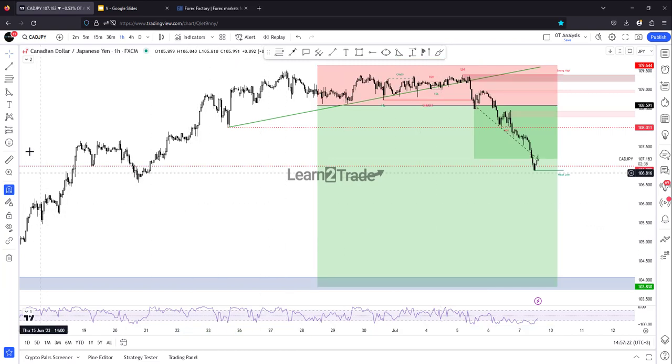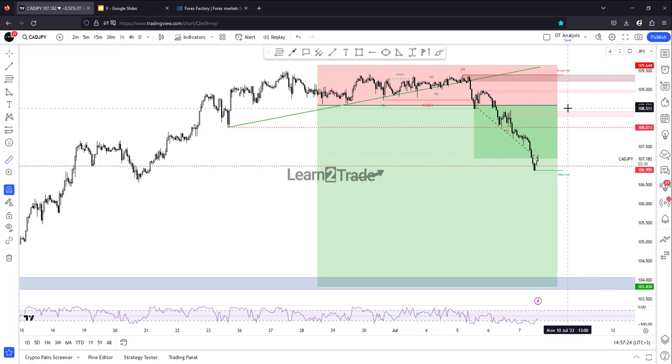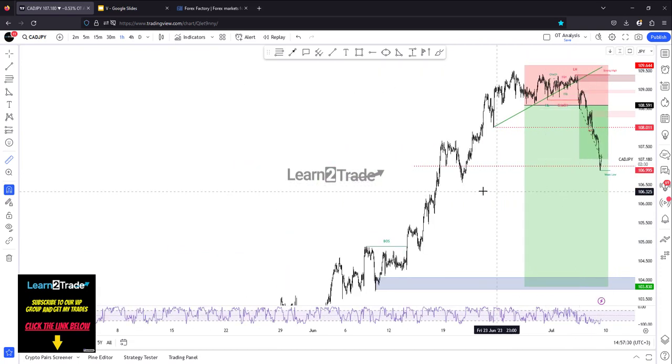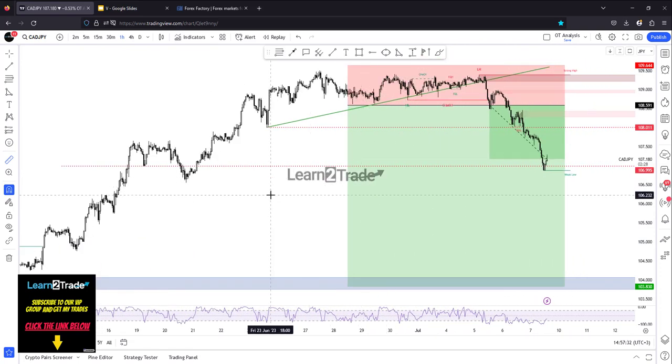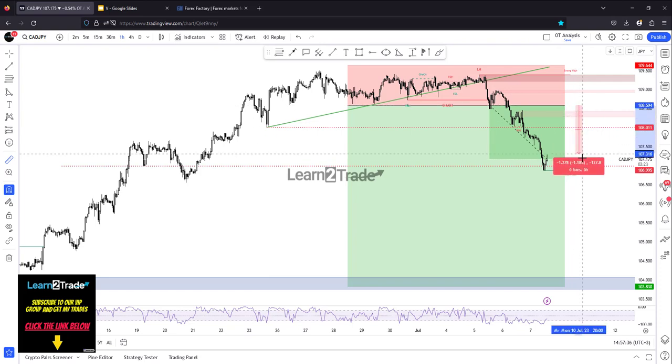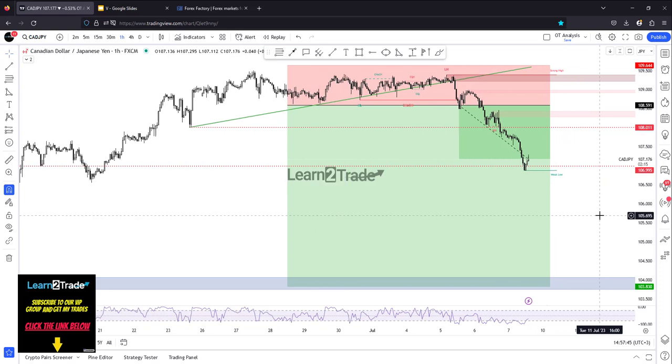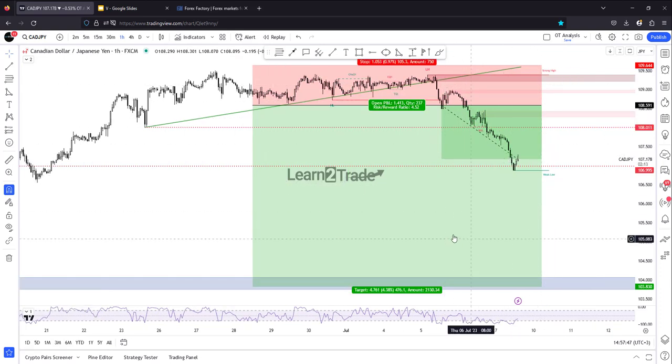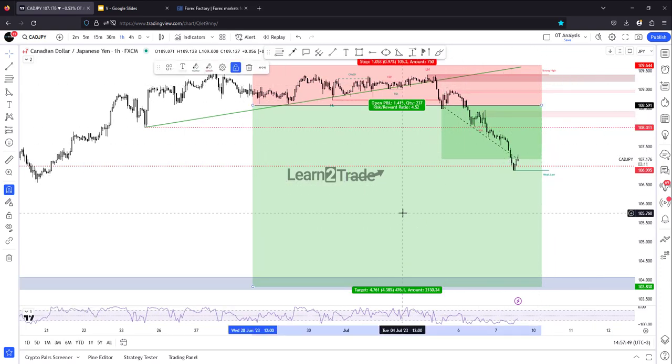Personally today I decided to manage my position here after reaching 106.99. After reaching that level, I've made a nice profit, around 150 pips on this setup here, and right now I'm looking for something else, guys.